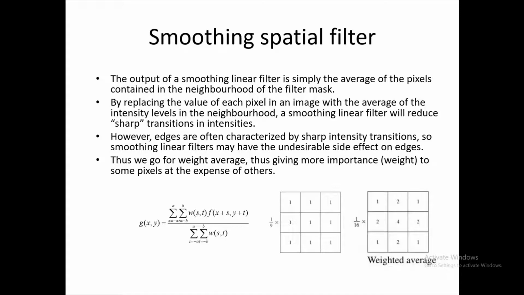The difference between the two is that in the box filter, no more importance is given to any specific pixel, but in the weighted average, more importance is given to the pixels near the origin, or near the center pixel, and the pixels far from the center are given less importance.